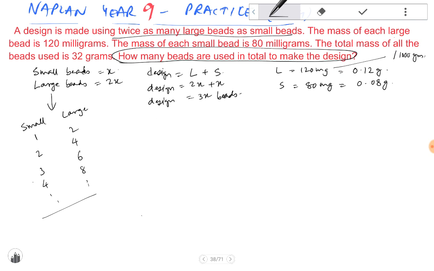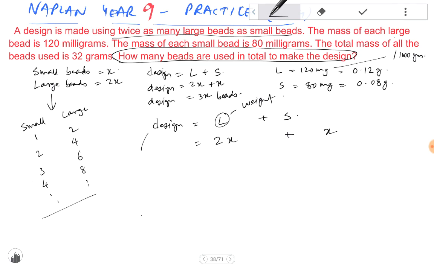Now, the total design, as we know, is made up of large plus small beads, which is equal to 2 times X plus X. However, we are also given the weight. So we have to factor in the weight as part of our design as well, because that will compose the entire weight of the total design.